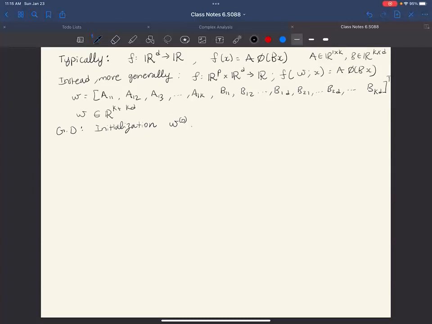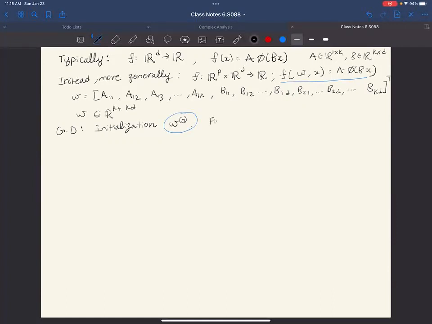So the question is, maybe I want to approximate the neural network with a very simple linear approximation. And to do this, what I would do is in this new setting, I can actually just fix the data x and take a first order Taylor series expansion around this initial point W naught. And recall what this is.